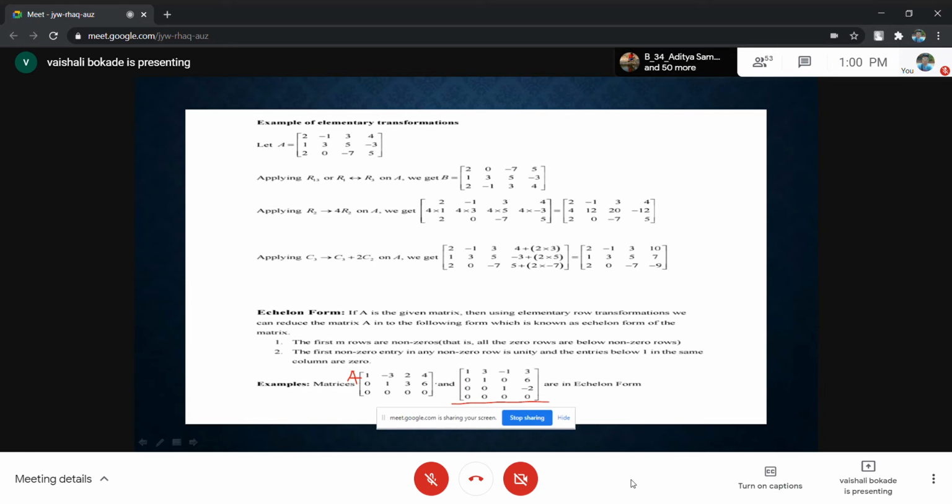Remember our first rule for non-zero rows: each and every time, for R1, I require the leading element to be 1.